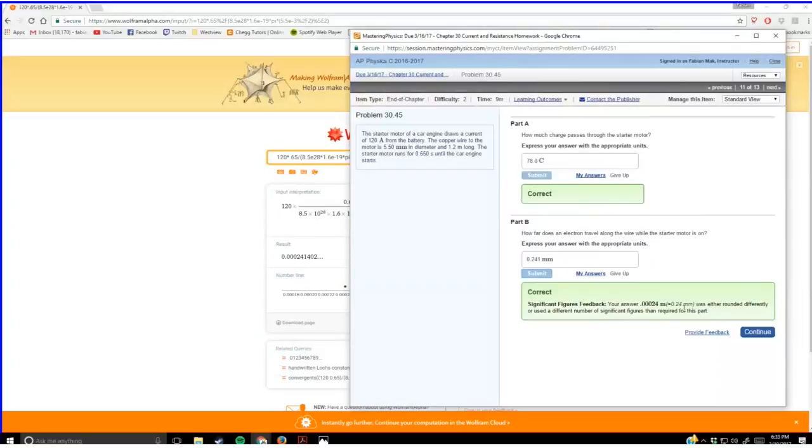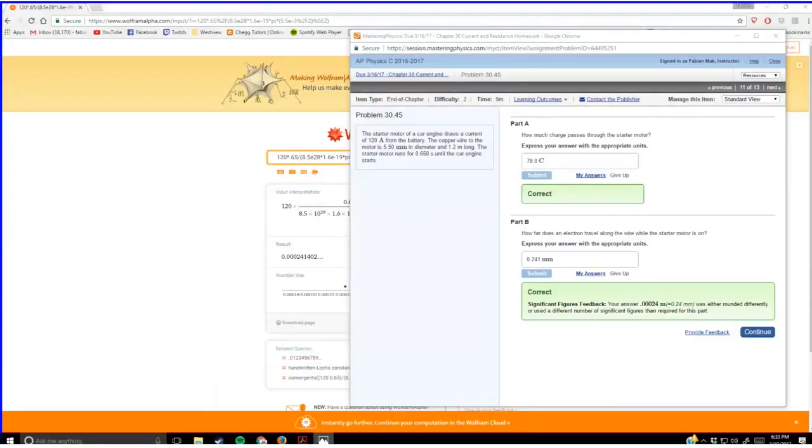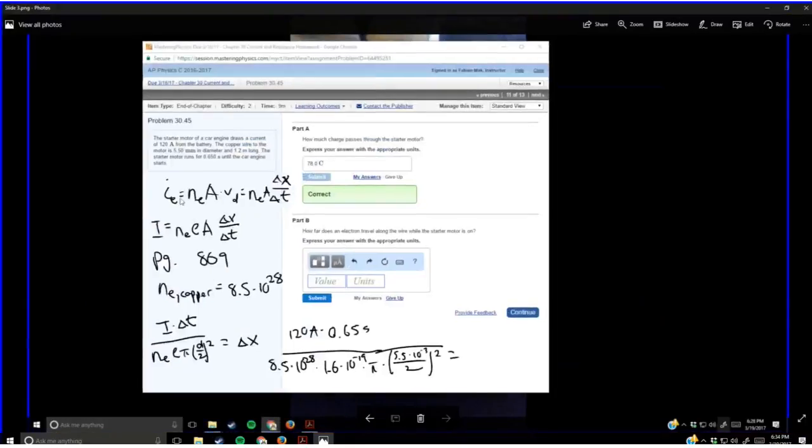Probably the two things that will catch you on that are knowing to use this equation, I equals nAvE. I think they have this one in the equation sheet, but it doesn't use delta x over delta t.